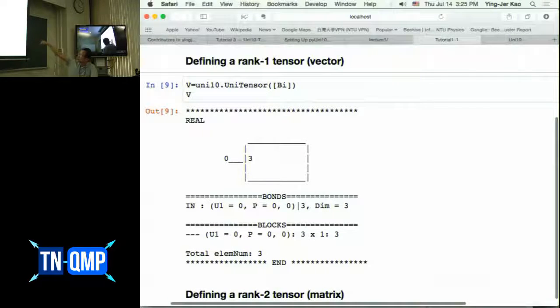And we provide this kind of ASCII diagram. If you want to print your tensor, you'll see you have one in bound, your vector is one in bound, and this is the dimension, and this is the label. If you don't assign a label, the label will be given automatically.